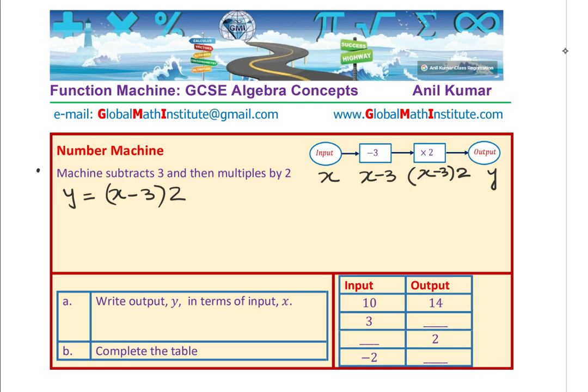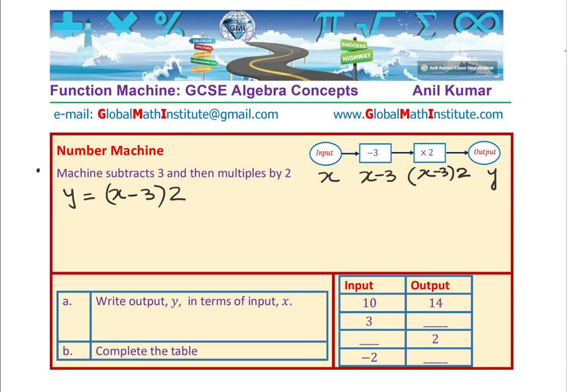Now based on this, we have a table here. You have to complete this table, right? If 10 is the input, we have written 14 as the output. That is for you to check, correct? Let us check this out.